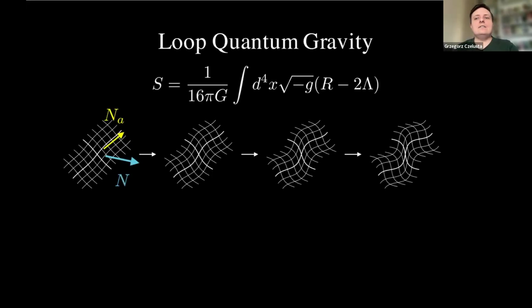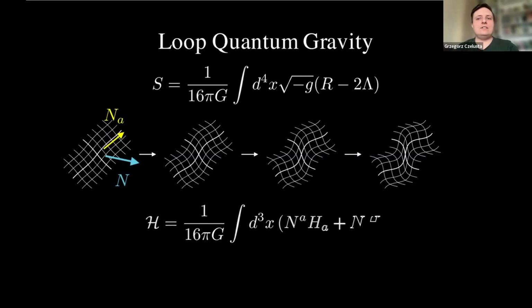And these two objects, roughly speaking, tell us how consecutive spatial slices are related to each other. This is some technical trick, but this allows us to write the Hamiltonian formulation of general relativity. So this is the Hamiltonian of gravity for vacuum. There is no matter, but we can also add a matter term if you want.